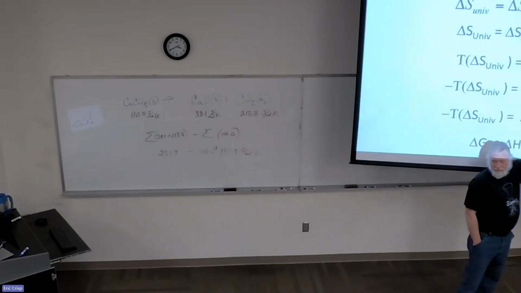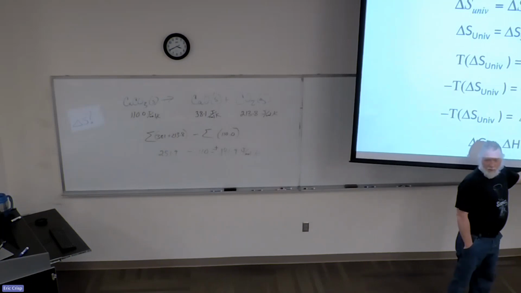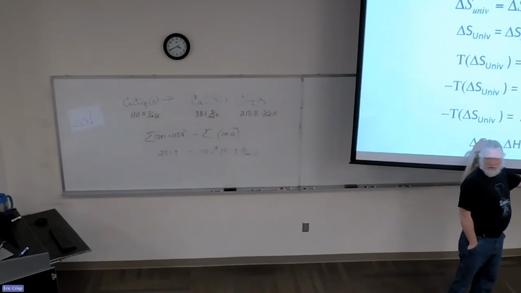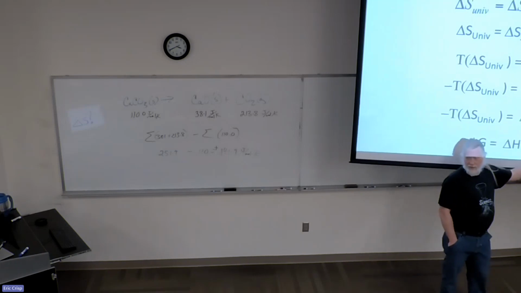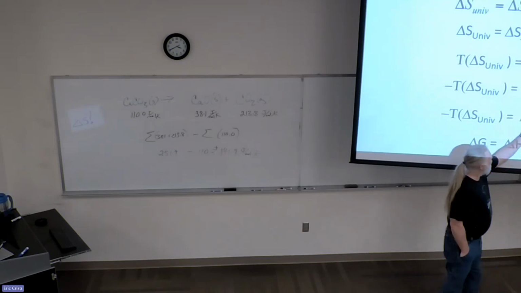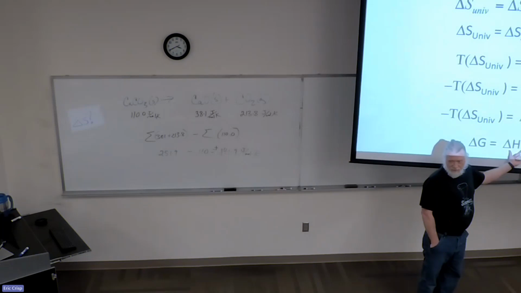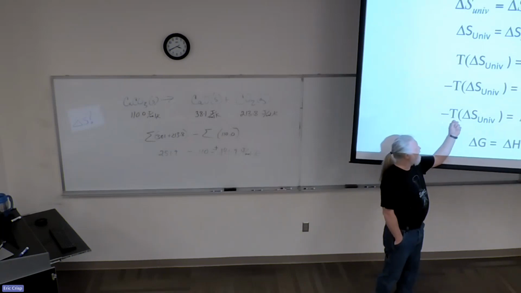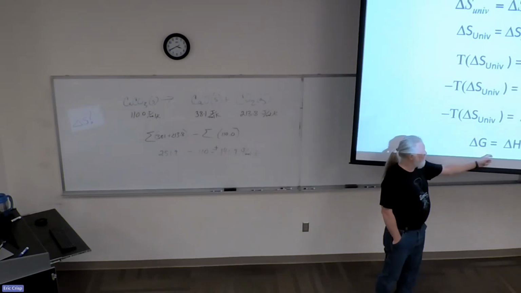I left off the system here because the only delta S we can ever measure is the delta S of our system. We can never measure the delta S of the entire universe. So the delta S that we're talking about in this equation is the delta S of our system. This is the delta H of our system, our reaction that we're looking at. Now we're going to hang a new term on it, the negative T delta S of the universe.